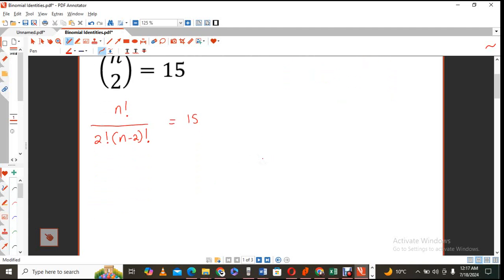What do we know? We know that n factorial can be written as n times n minus 1 times n minus 2 factorial, and that's where I'm going to stop because I see something at the denominator there. So all over 2 factorial and n minus 2 factorial is equal to 15.